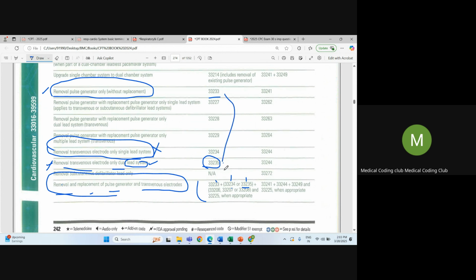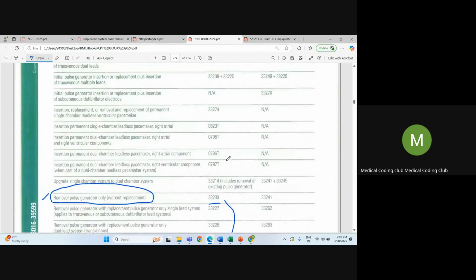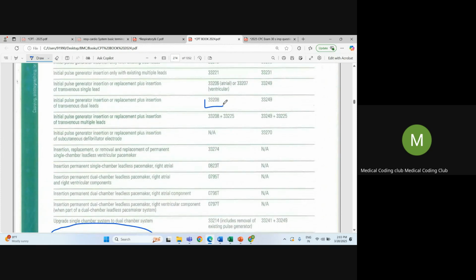Now you have to code for insertion. Removal and replacement: now you just code for insertion of the entire system. If you refer to 33208, it is initial pulse generator insertion or replacement of pulse generator with insertion of transvenous dual leads.